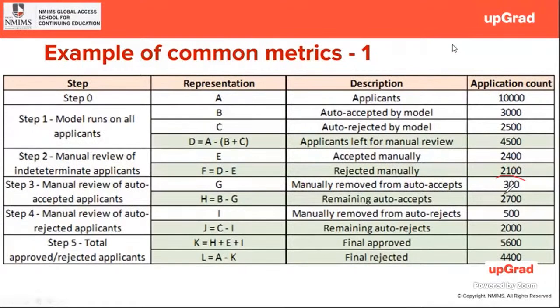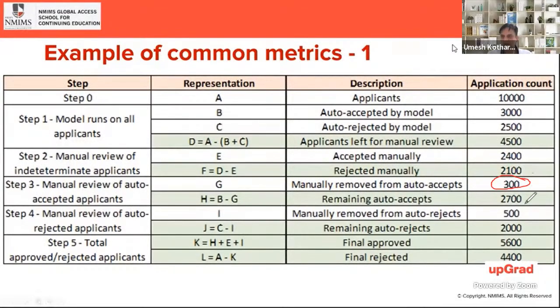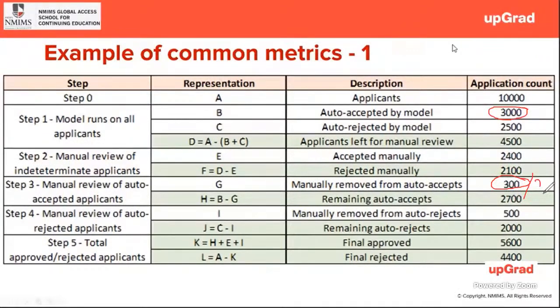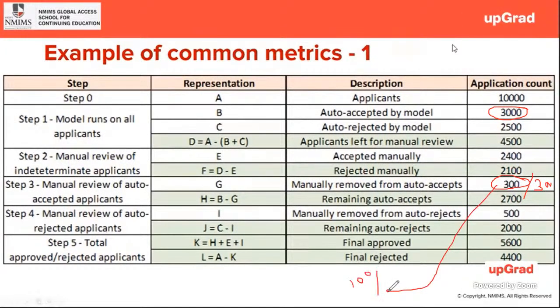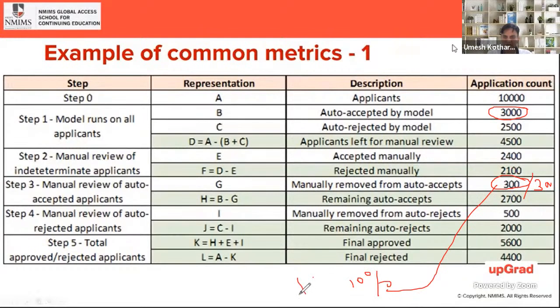That comes to 10%. So 300 divided by 3,000 is 10%. And that is your high side override. Okay. Good. What is my low side override?